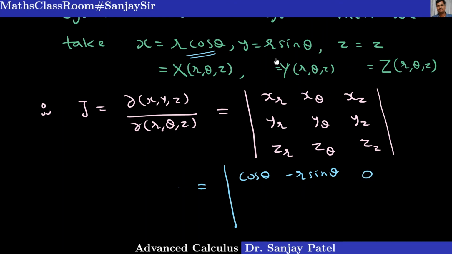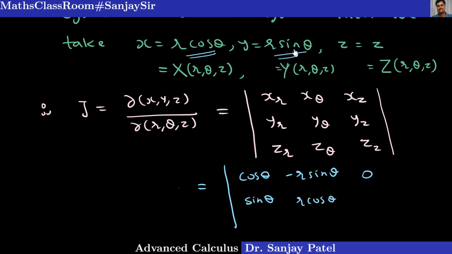In the same way, derivative of y with respect to r, theta and z is to be computed and written in the second row. Delta y by delta r is sine theta because derivative of r is 1. Delta y by delta theta is r into cos theta, and derivative of y with respect to z is 0, since there is no z.